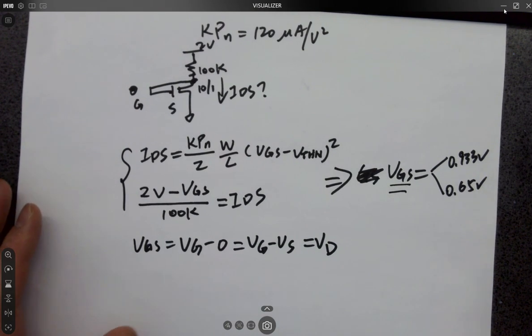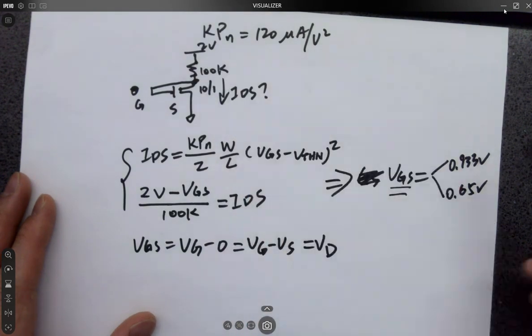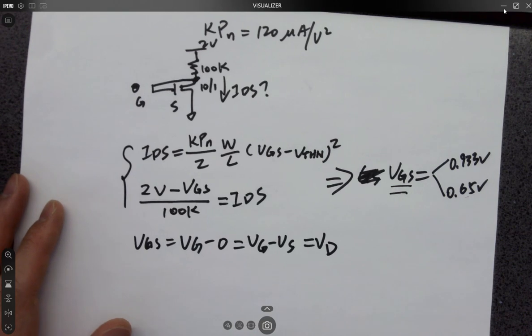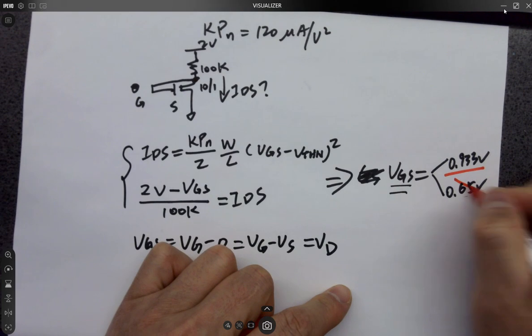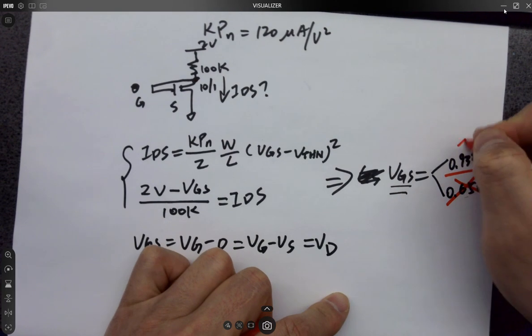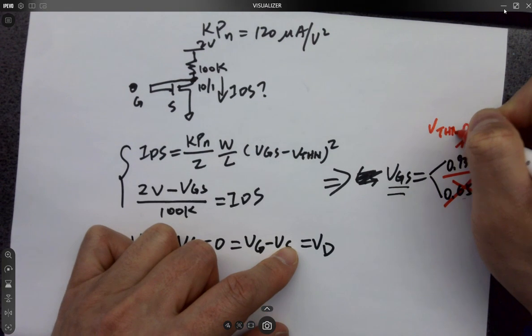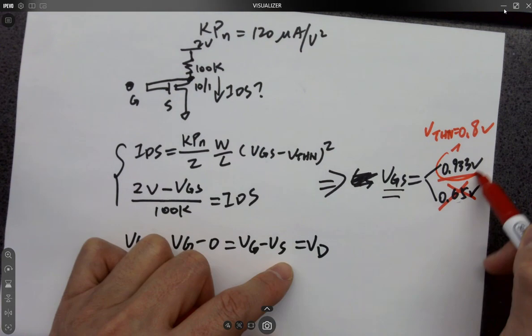The reason for that is you assumed that it's being operated in the saturation region, but eventually you're getting 2 answers. And the thing is, only one works, so I have to pick up one. I have to pick up this one. This doesn't work because this is larger than 0.8 volts, which is VTHN. So this is the real answer.